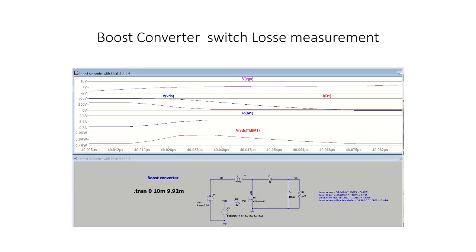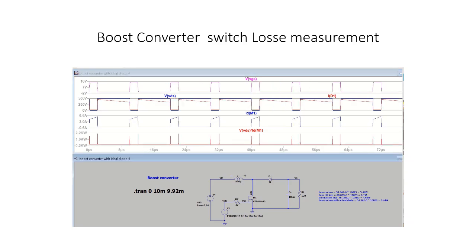I'm again running the simulation. So we saw the losses here, and now I expand the turn off period.